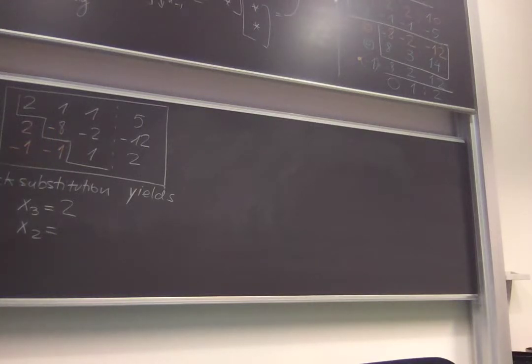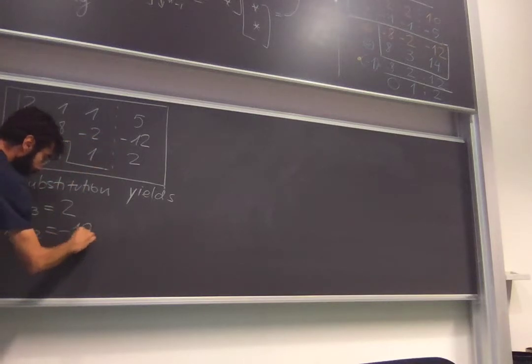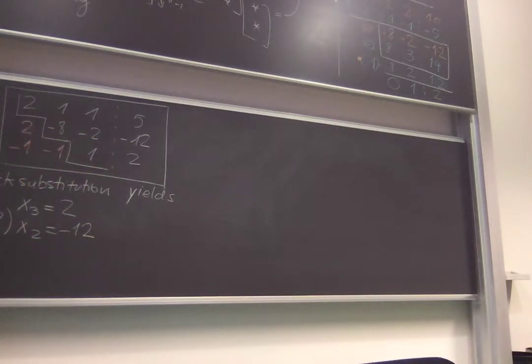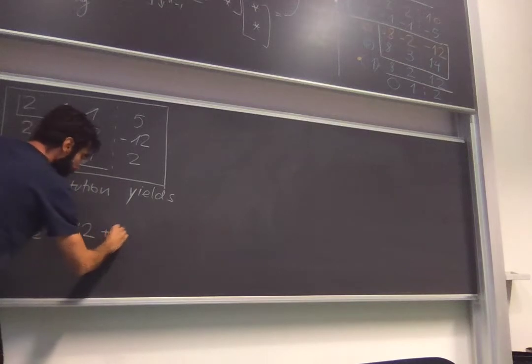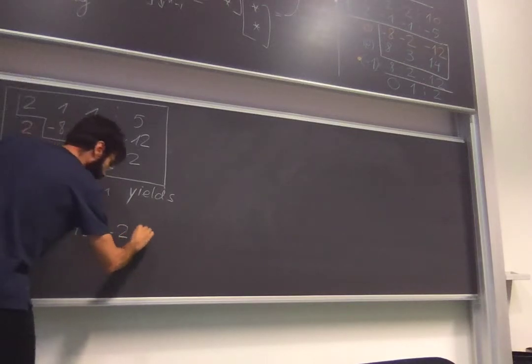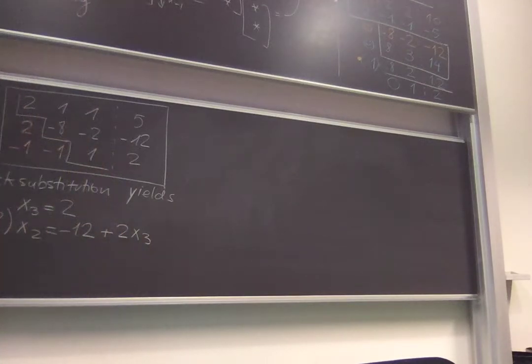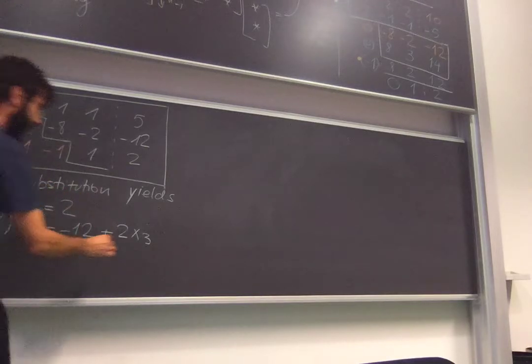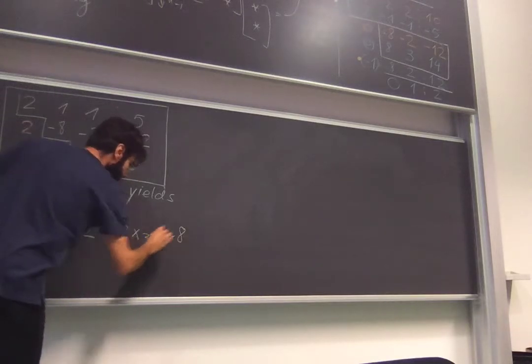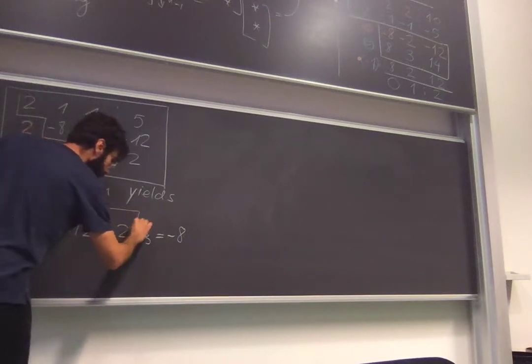I know this, I know minus 8x2 is equal to minus 12 plus 2 times x3, which I already solved for. So that's minus 12 plus 2 times 2, which is minus 8. Okay, because I used this one.